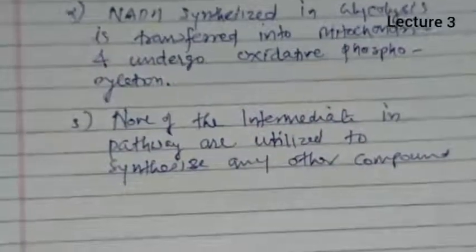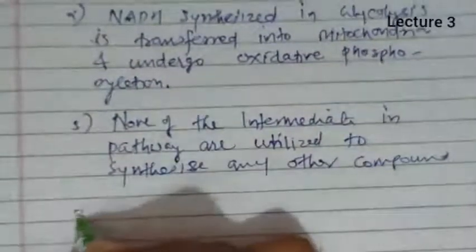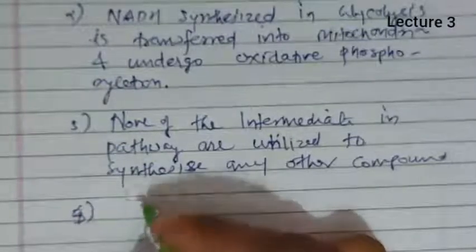Okay, so no intermediate is used in any other pathway to synthesize a new compound. And fourth point, only glucose is being respired.